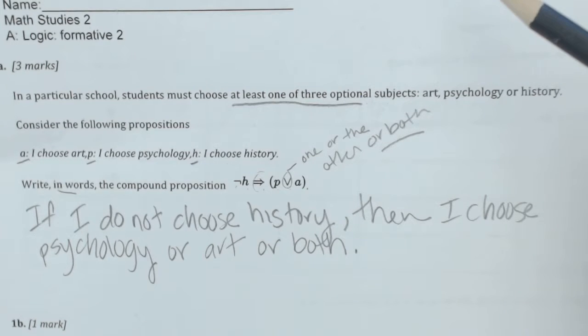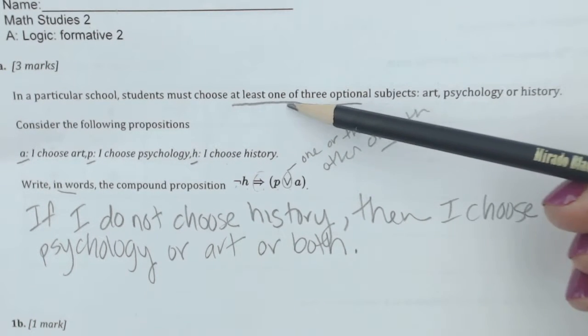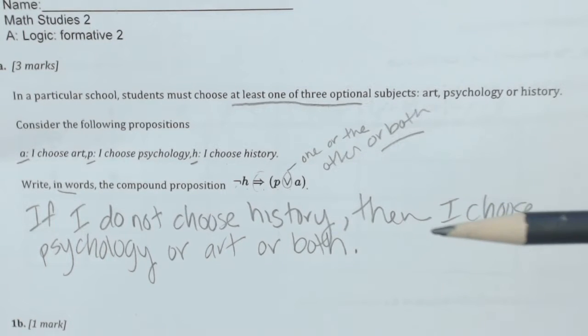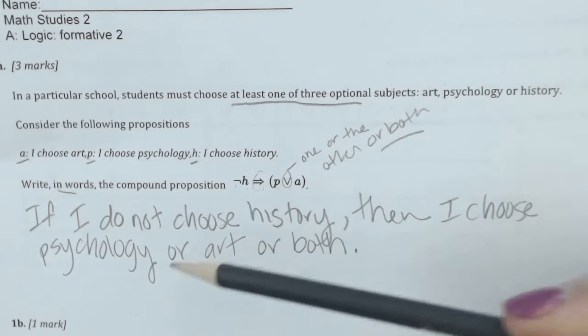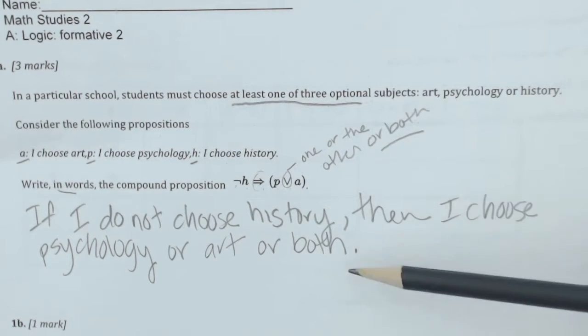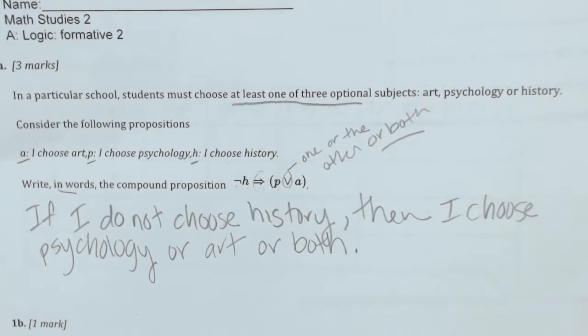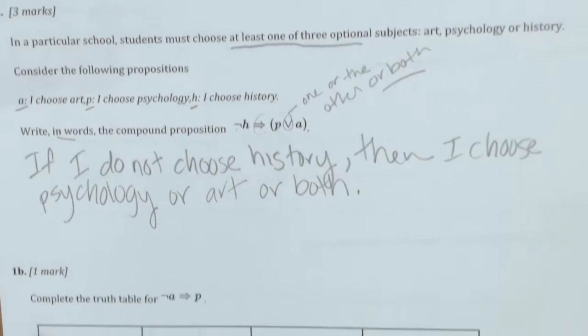So if I do not choose history, then I choose psychology or art or both. If we look back, it says at least one, which means we can choose one or more. So here's if not H, then P or A. And that's what you do, writing in words.